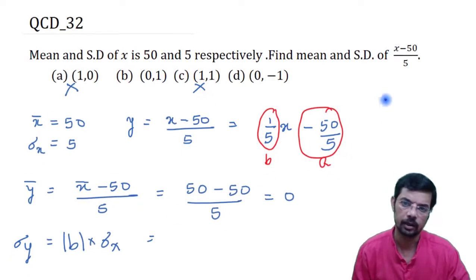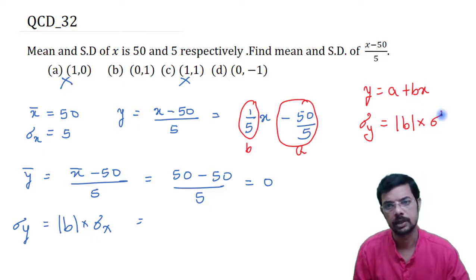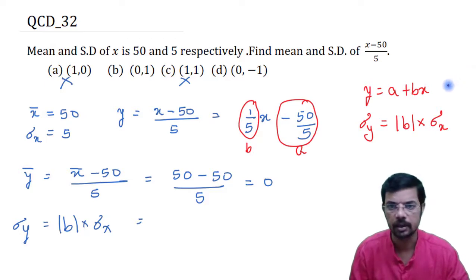So if y is equal to a plus b into x, then the standard deviation of y equals modulus of b into the standard deviation of x, and the mean y bar is equal to a plus b into x bar.